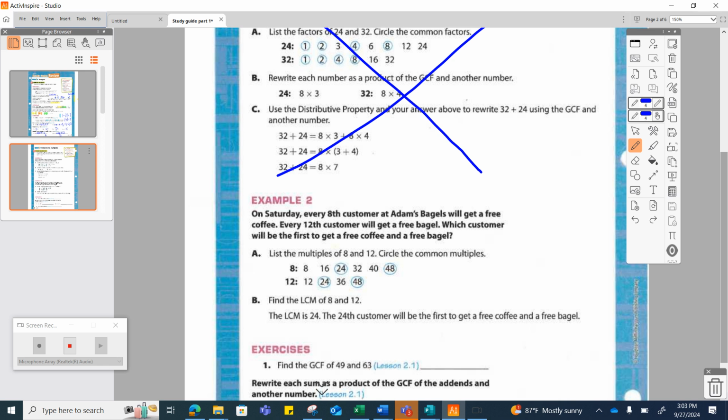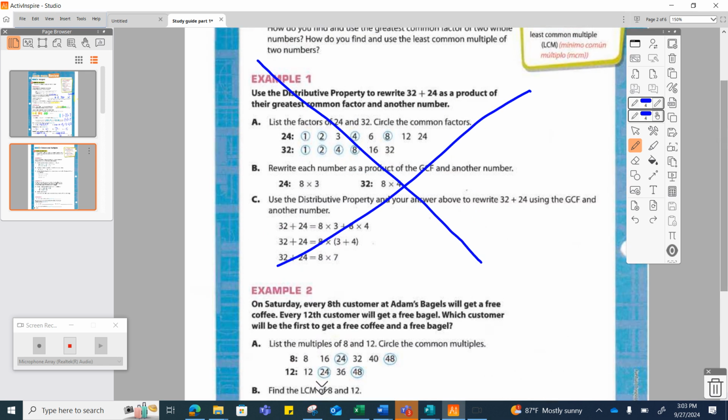Let's say I had to find the factors of 24 and 32. So what Ms. VB showed you is think about their partners, meaning 1 times 24, those multiply together to get 24. 2 multiplies with 12.